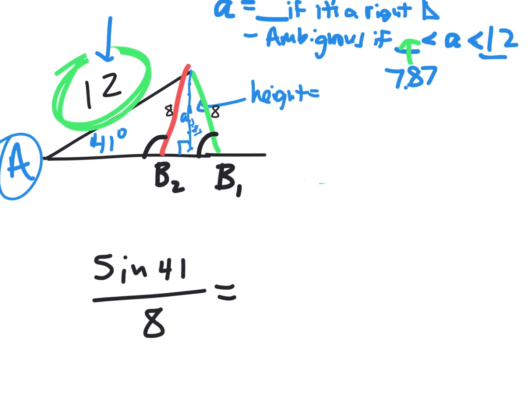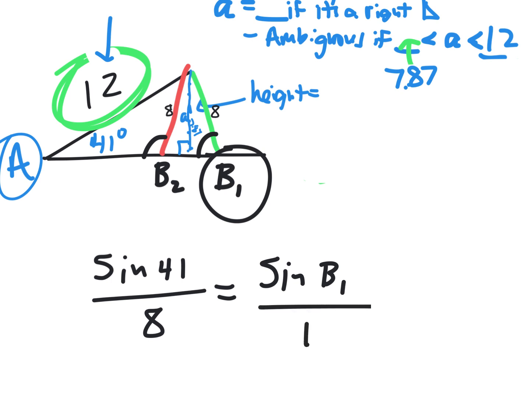Okay, so you should have set up the law of sines here, and the one side and angle combo we know is sine of 41 over 8 equals, and then the other angle I want here is, you're always going to end up getting B1 because of the way inverse sine works. You'll always get an answer less than 90. So I'm going to go sine of B1 over 12, and then I'm timesing by 12 on both sides.